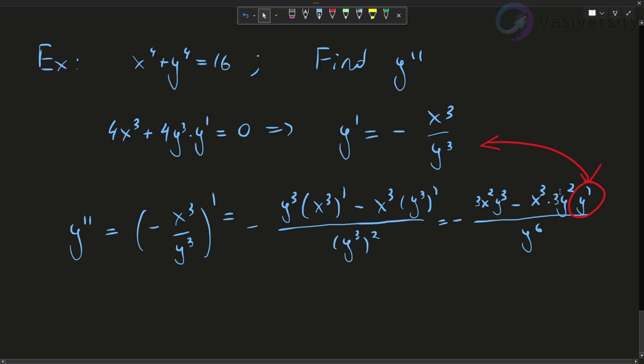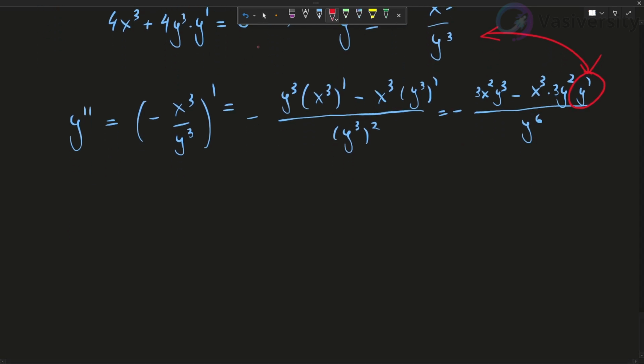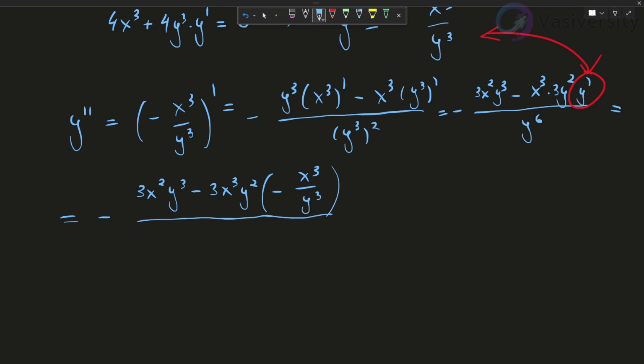All right. So if we plug that in, we can actually simplify. We're going to have negative 3x squared y cubed minus 3x cubed y squared times negative x cubed over y cubed, and then all over y to the 6.